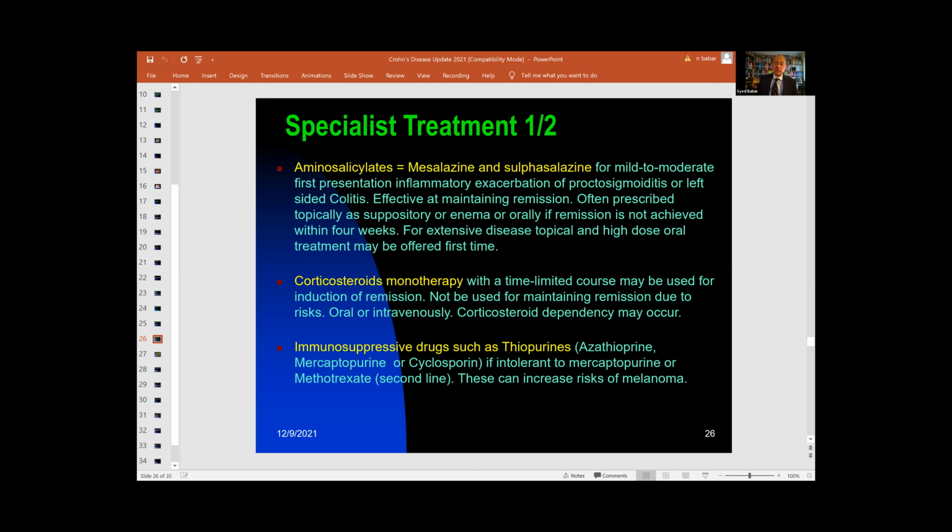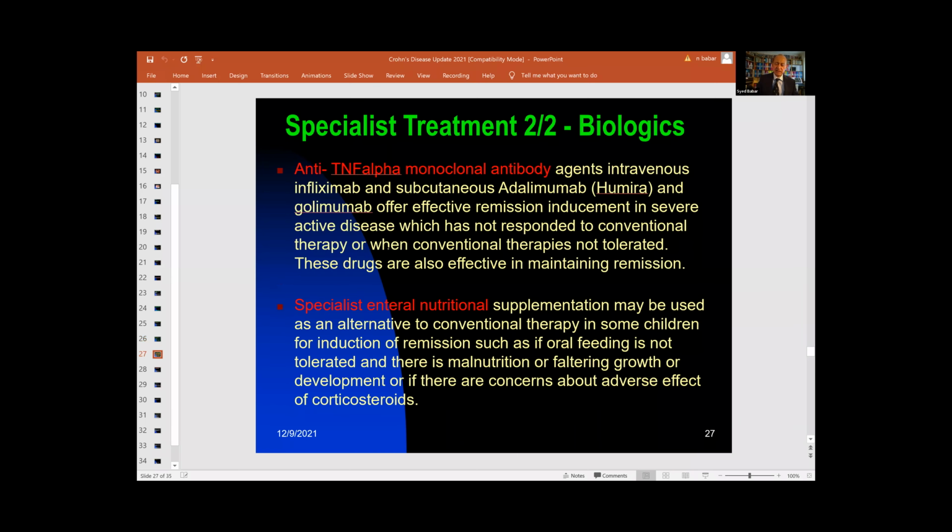Methotrexate can also be used, but these are second line, and methotrexate in particular in Crohn's disease can increase the risk of melanoma. Biological treatment with anti-tumour necrosis factor alpha monoclonal antibodies can be given parenterally.